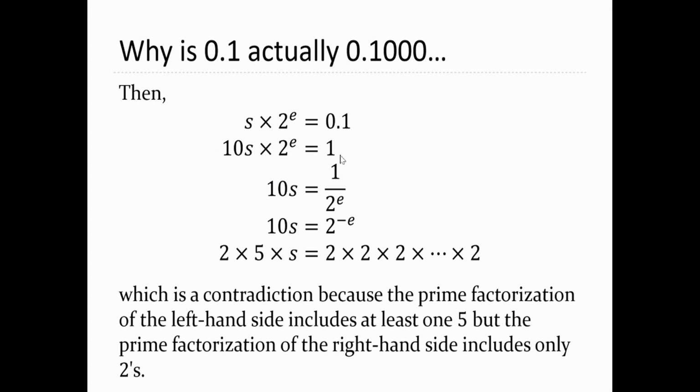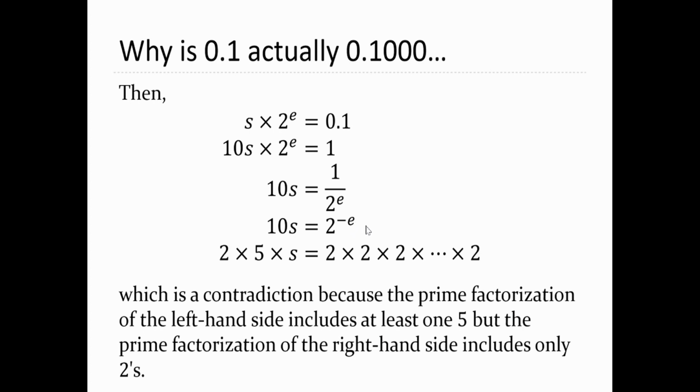Now bring the 2 to the e to the right-hand side, so divide both sides by 2 to the e. So 10 times s is equal to 1 over 2 to the e. Sorry, 1 over 2 to the e is the same as 2 to the minus e.